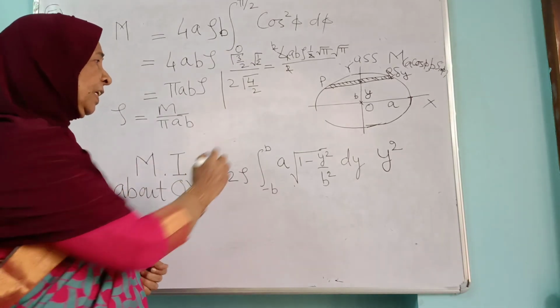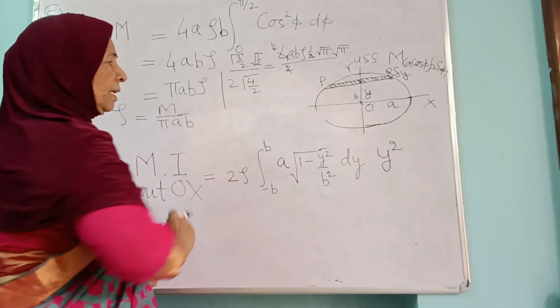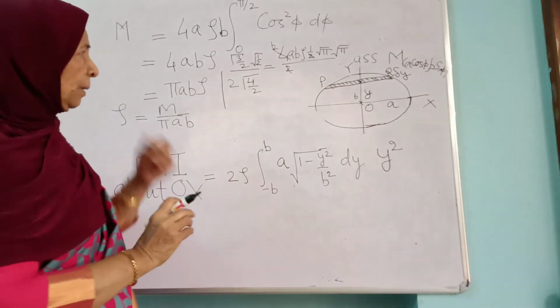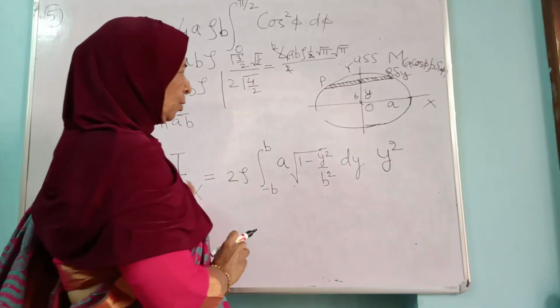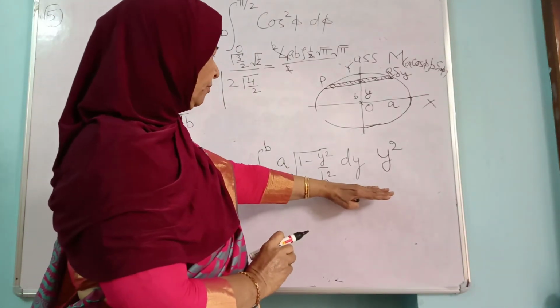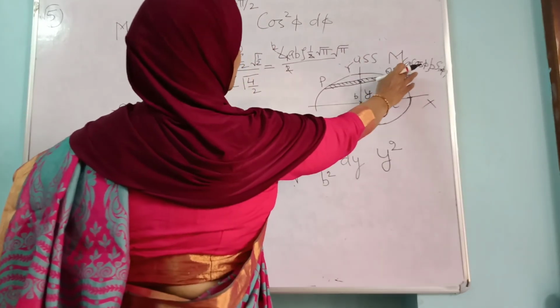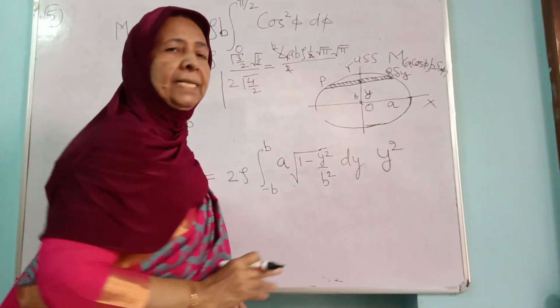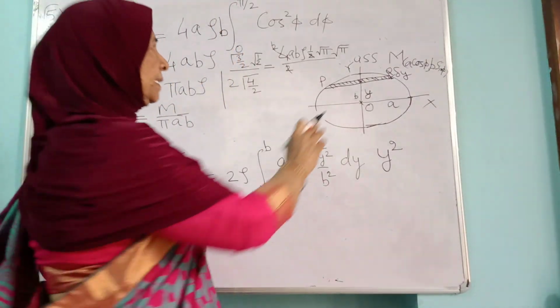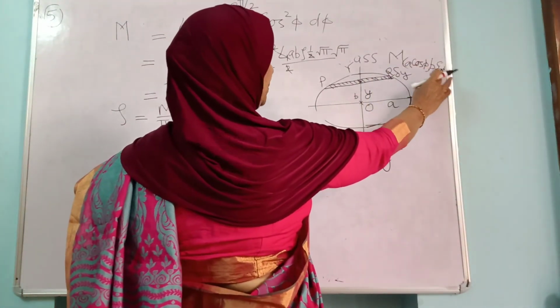Now we want to find the moment of inertia about OX. Now we have to integrate this, and again there is a very simple way to integrate it. x is a cos phi, y is b sin phi.